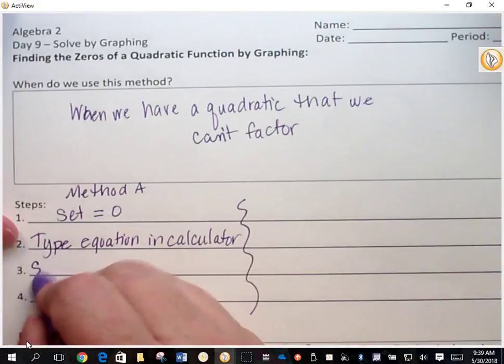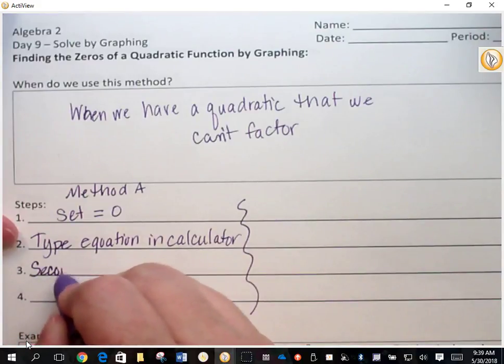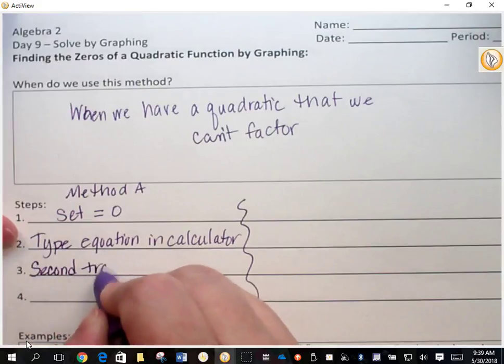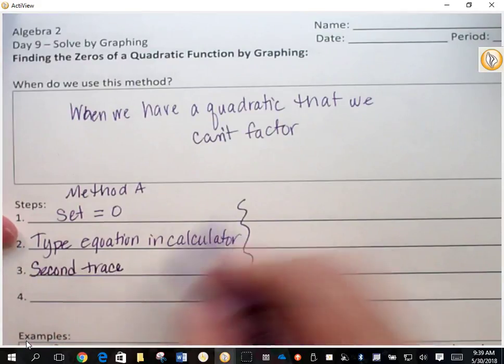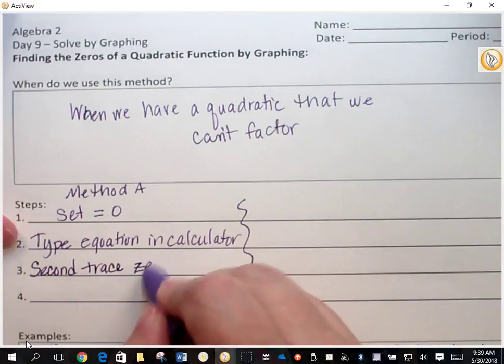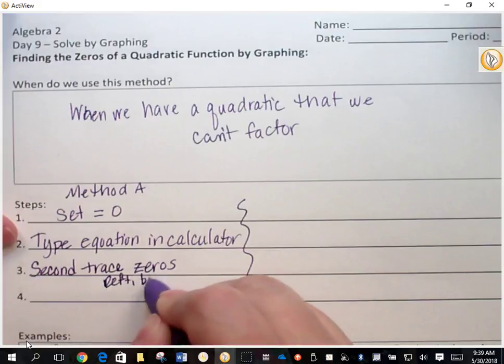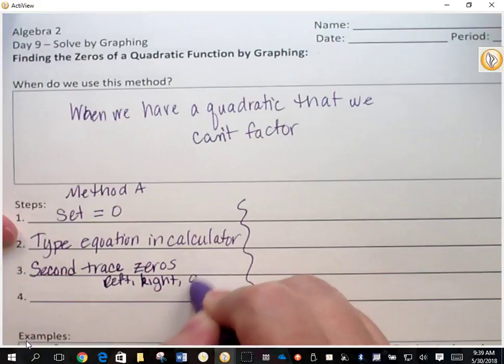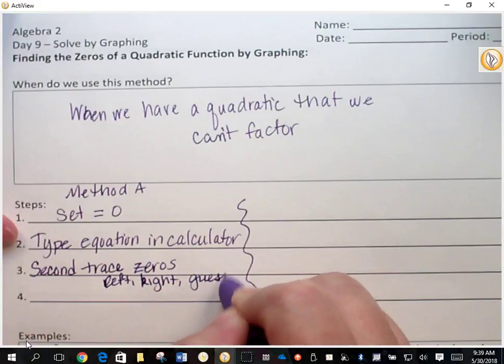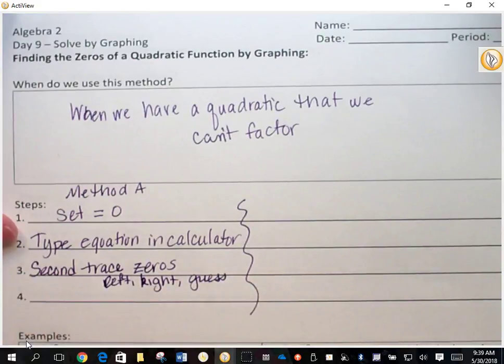So we're going to do second trace, and we're going to choose zeros, which means we're going to have a left bound, a right bound, and a guess for however many zeros there are. And in a quadratic, that could be 0, 1, or 2.